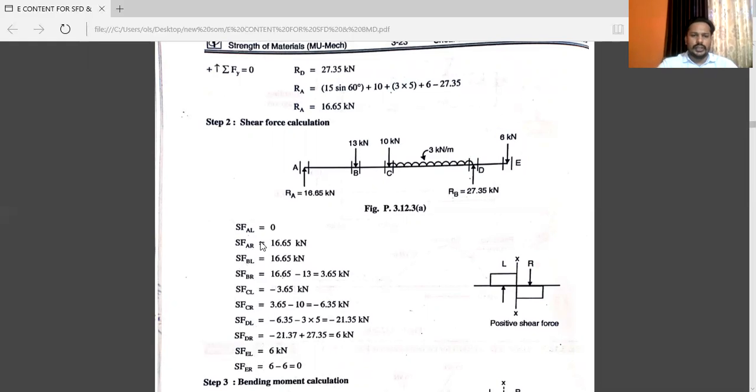See, this is very important, the marks-giving step, that is shear force calculation.